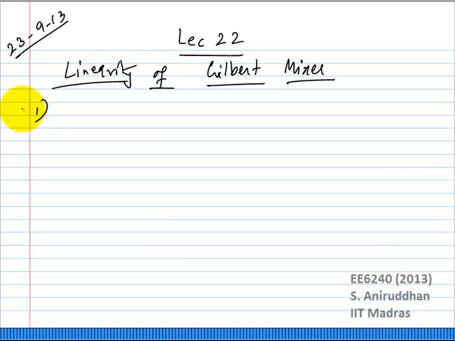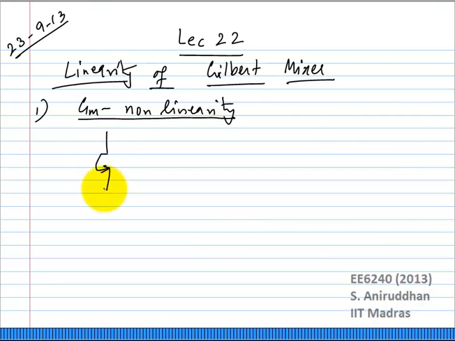Of course, the most important one is the transconductance nonlinearity. So you have VDC plus VRF at the gate.